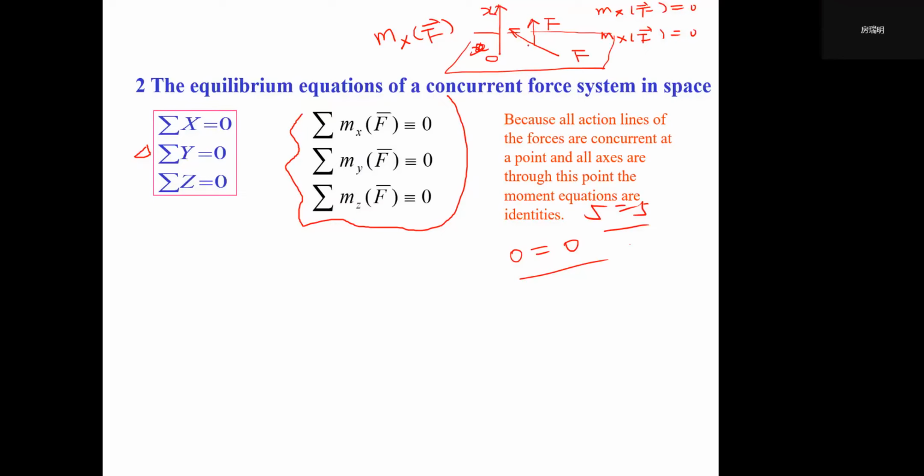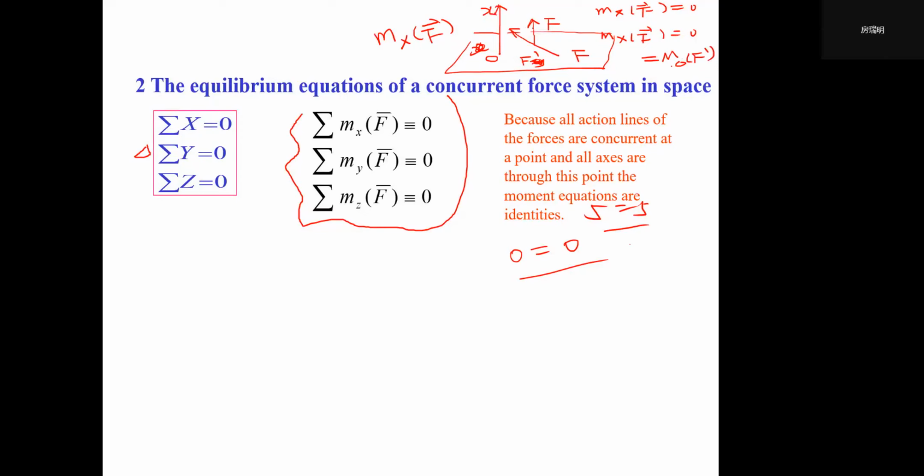So we get a projection force F prime, in the XY plane maybe, right? So you can see the moment of force F to this axis will equal the moment MO of F prime, and F prime is the projection of this force F.